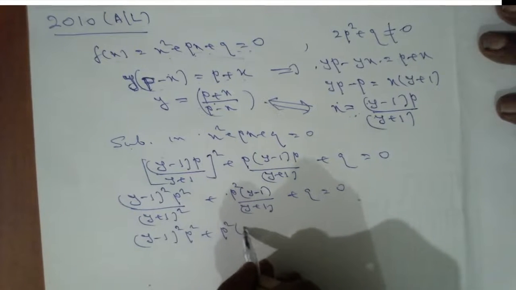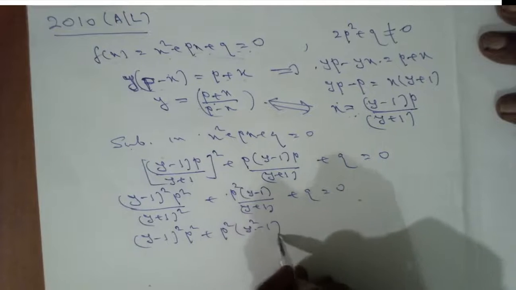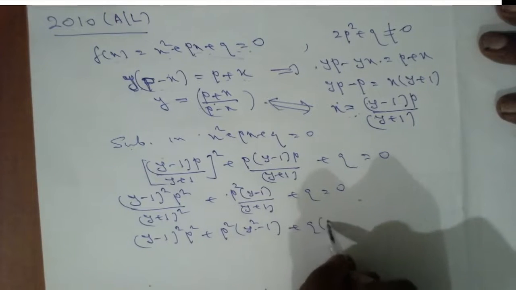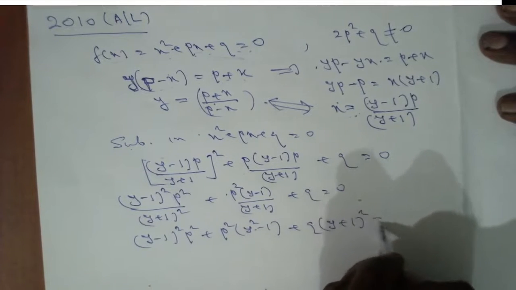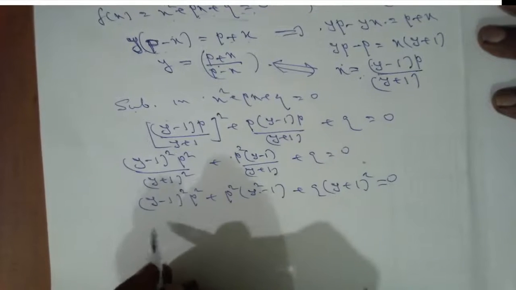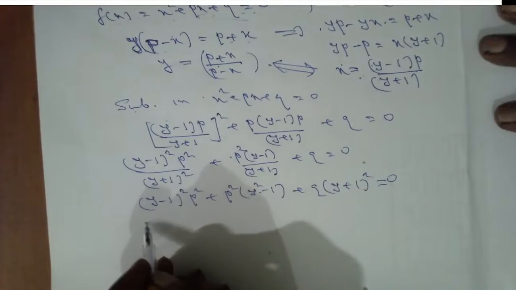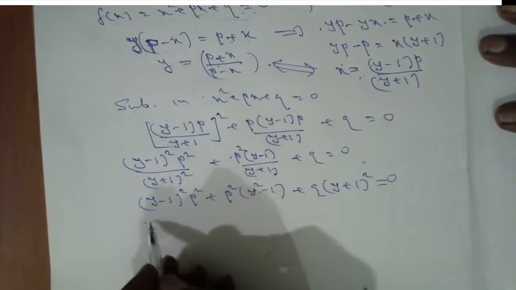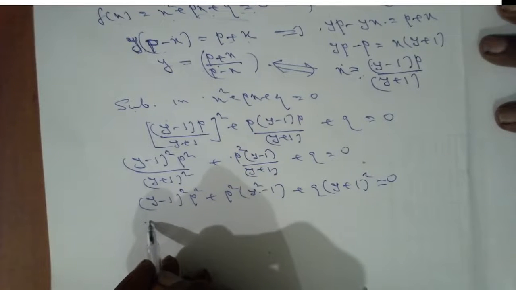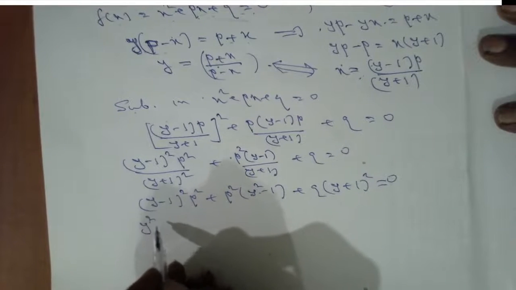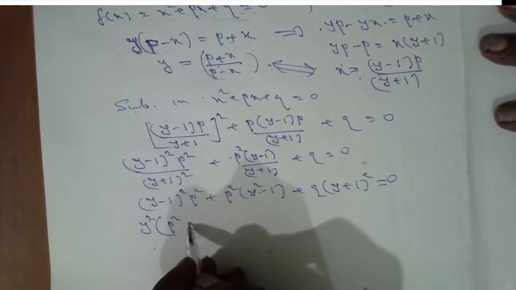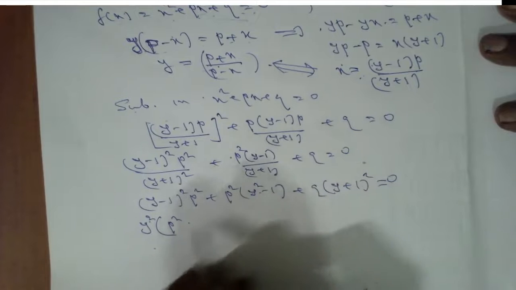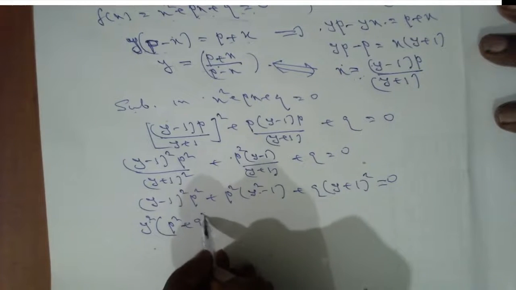Then p squared times y squared minus 1 plus q times y plus 1 whole thing squared equals 0. So if you expand these terms, you take y squared out, then y squared times p squared plus q.